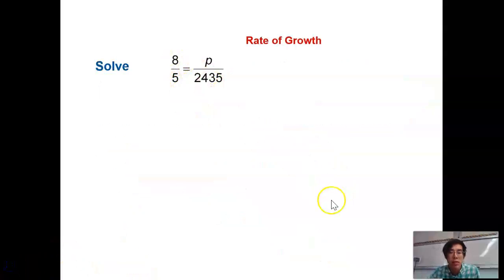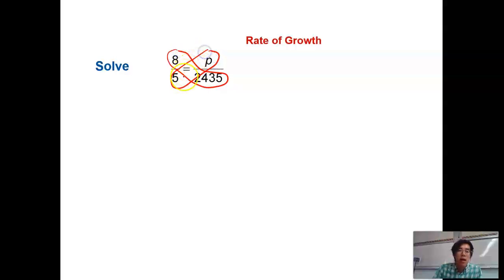We have a proportion set up, and once again, we are going to use cross multiplication to find that variable p. Multiply diagonally: 8 times 2,435, and then 5 times p.